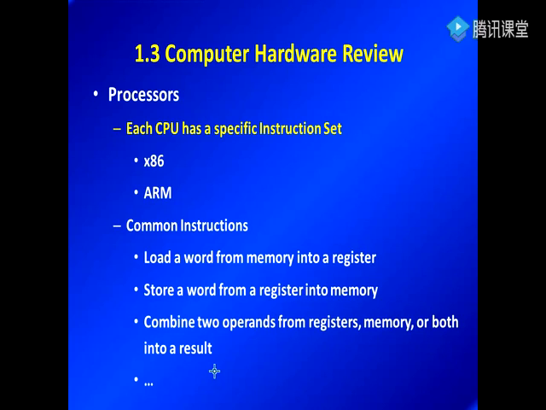So the operating system needs to take account of the different instruction sets, so when we install any operating system on different computers with different CPUs, they can be compatible with the hardware.